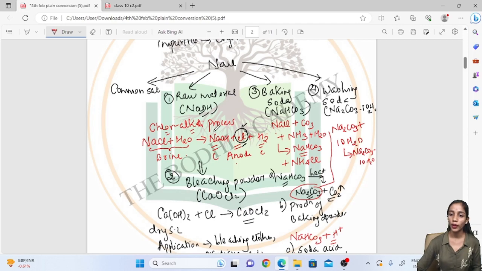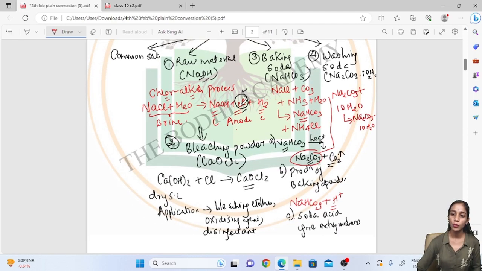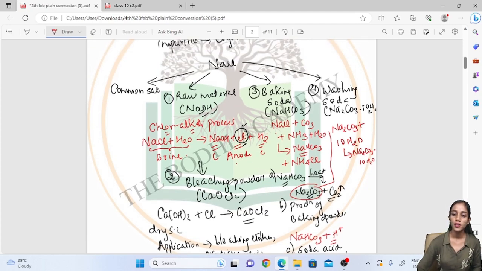Here we get NaOH, which is a base. The chlorine produced in this process is used for the production of bleaching powder, which is calcium oxychloride. It is produced by the reaction of chlorine with calcium hydroxide. Then we have to study the applications. This is the second compound.